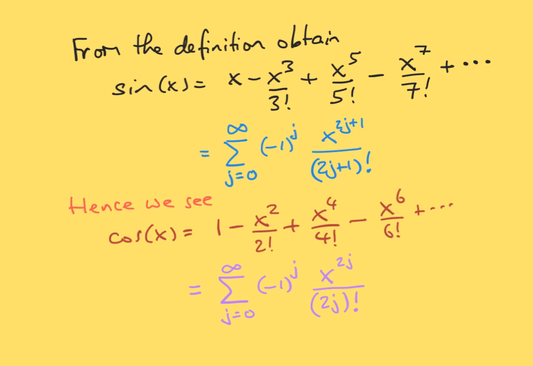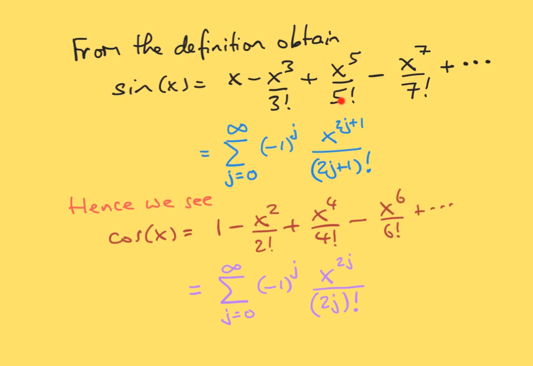Now, the derivative of sine is cosine. That means you can immediately write out that the expansion for the cosine of x is going to be 1, because the derivative of x is 1, and then here you're going to bring a 3 in front, which will cancel with that, and you're going to reduce the power, so you're going to get x squared over 2 factorial. So it's 1 minus x squared over 2 factorial. And the same thing keeps happening here.